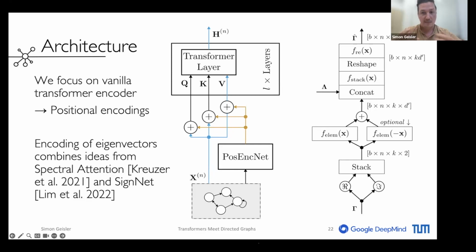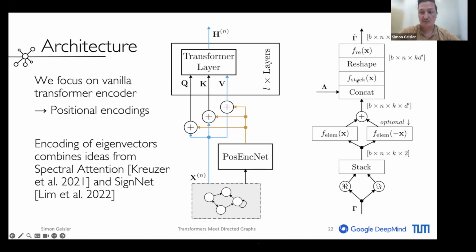Then optionally, if you want, you can again look out for the sign ambiguity, right? We rotate it, we have some canonical rotation, and now there might be some eigenvectors for which the sign is not properly defined. So for those reasons, you can apply a SignNet. We have this as a hyperparameter, and then we basically apply spectral attention. So we stack the eigenvalues.